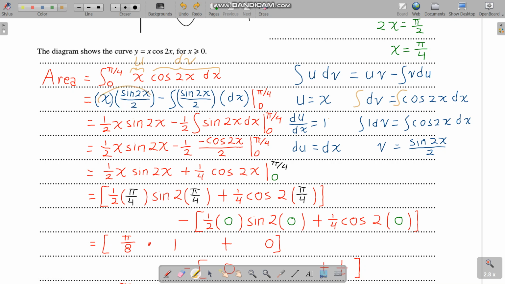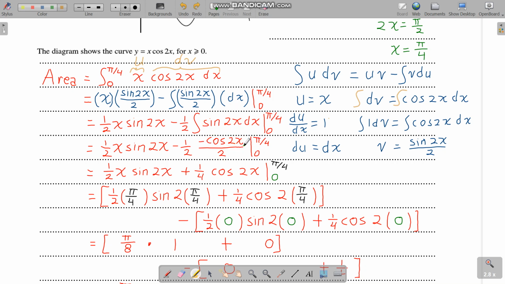Now simplify. Here we have 1/2 x sine 2x, and here we can pull out the 1/2 out of the integration. So we still need to integrate sine 2x dx one more time. And the integral of sine is minus cos, divide by 2 because of the chain rule, because of these two.